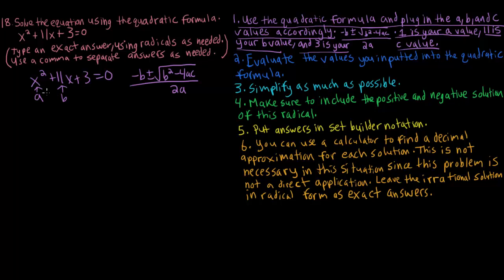Actually, a value is not going to be x, it's going to be the hidden coefficient 1, and then 3 is going to be our c value. So we just have to plug that into the quadratic formula right here.